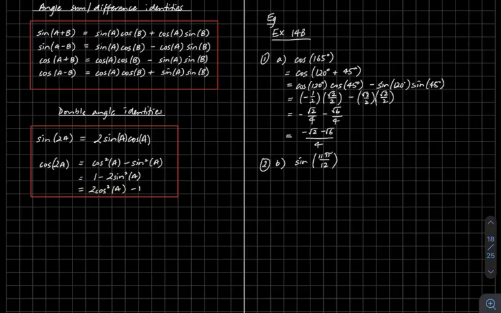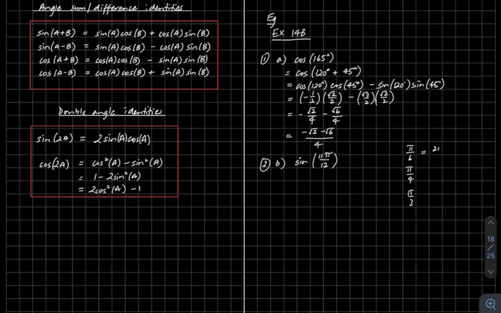Alternatively, one way that it might help you to express 11 pi on 12 using angles that we are familiar with is just to actually think about things like pi on 6, pi on 4, the angles that we do know the exact value of cos and sine for, and express each of those using that denominator, which in this question is 12.